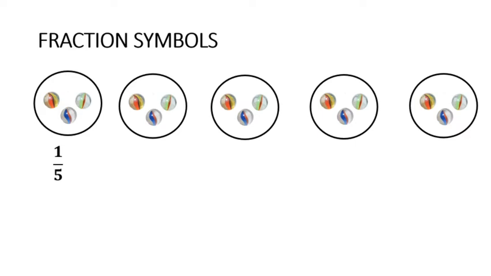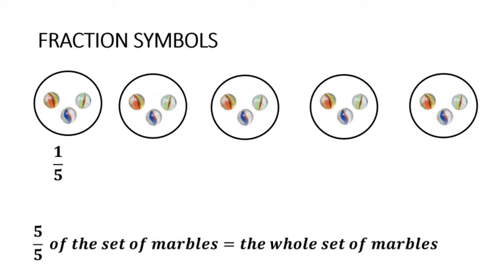Because these sets were equally divided into 5 groupings. The 1 is the 1 out of the 5 groupings selected, and the 5 indicates that you had 5 equal groupings. So if I were to add all these groupings, 5/5 of the set of marbles would be equal to the whole set of marbles.